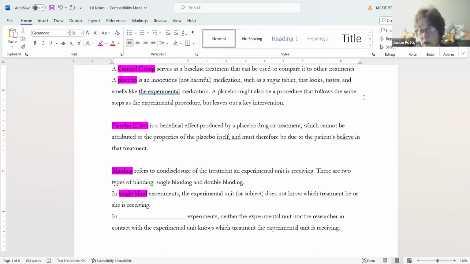The person who's the subject, whether they're in the experiment or the control, we don't tell them. In a single blind, only the subject does not know, while the person running the research and the medical people know whether they're getting the drug or not.